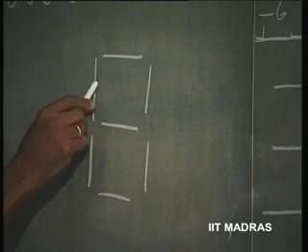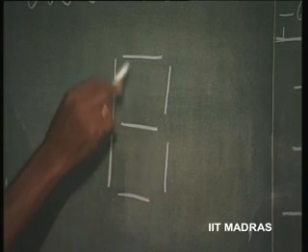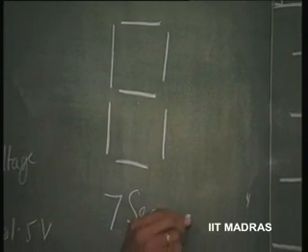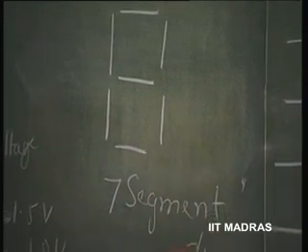This has 1, 2, 3, 4, 5, 6, 7. This is called 7 segment display.